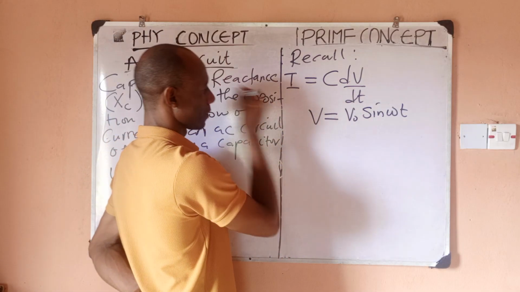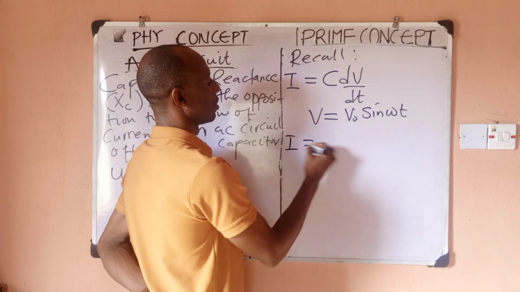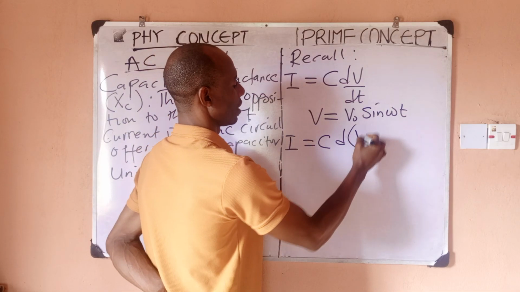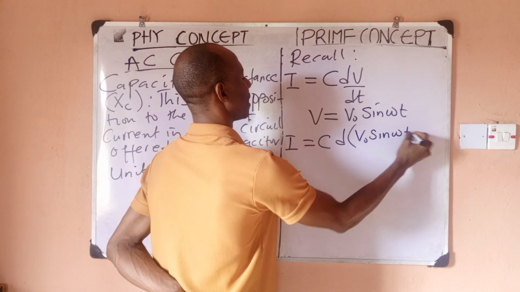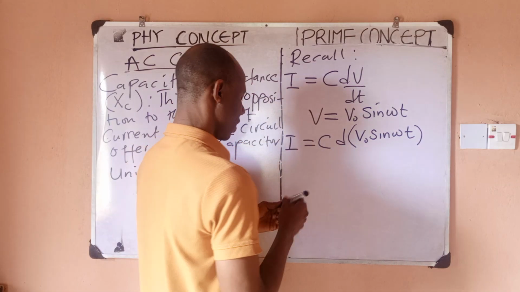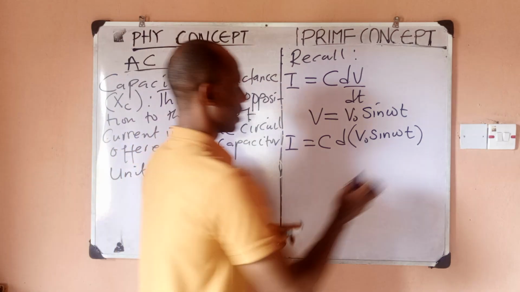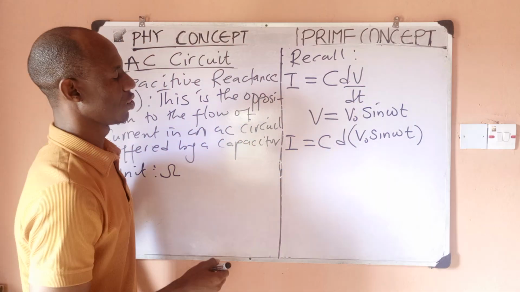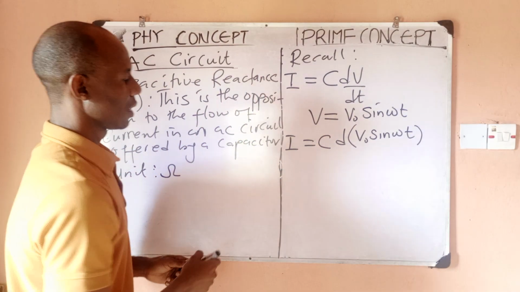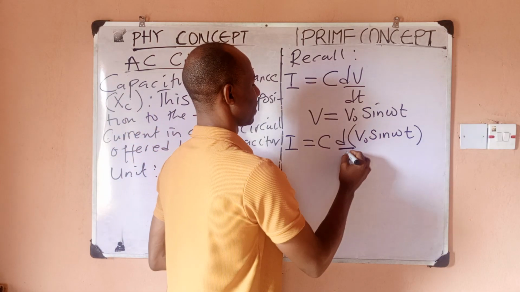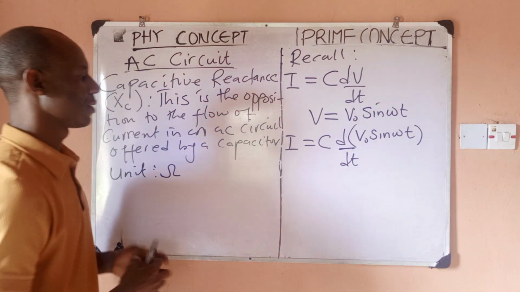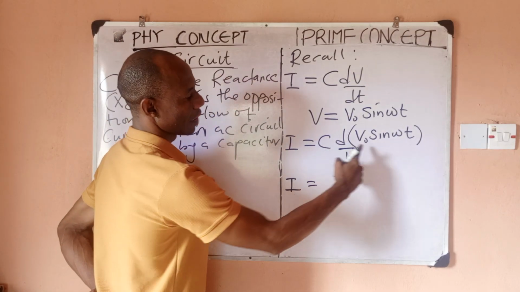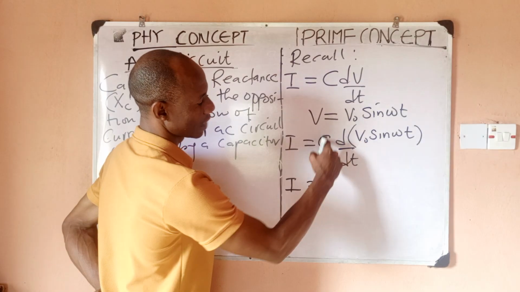So I have that my current I is going to be C times the derivative of my voltage, which is V naught sine omega t, with respect to time. Now, if you differentiate it, I bring V naught out because it's a constant.